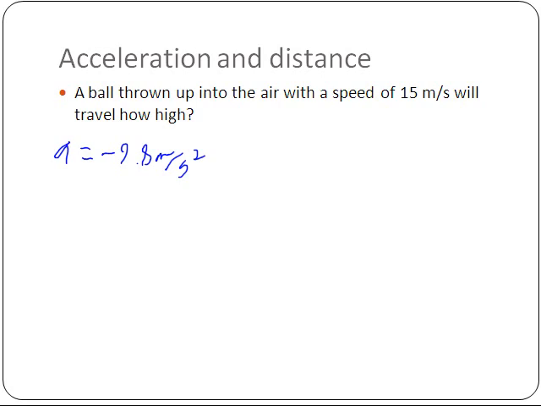And so with this, let's set up our acceleration equation. Acceleration, negative 9.8, is equal to the final velocity. Now, how high will this thing go? Well, that's what we're trying to figure out here. But we know this: if you toss something in the air, when it reaches its highest point, it turns around. It goes from going up to going down. And at that highest point, it has a velocity of 0.